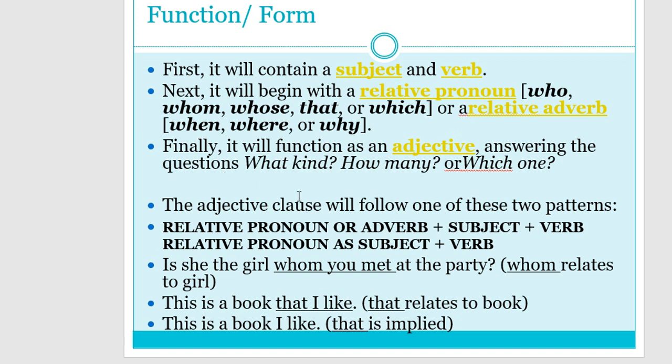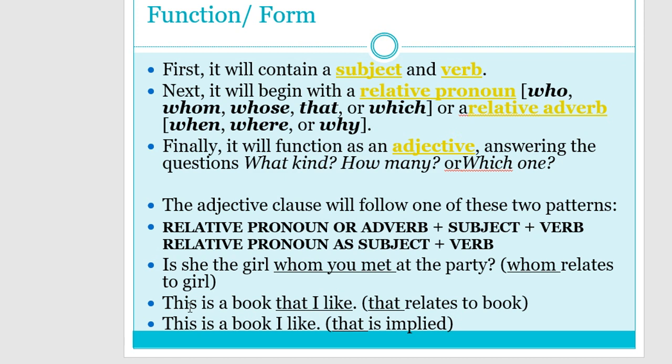An adjective clause will follow one of these patterns: either relative pronoun or adverb plus subject plus verb, or relative pronoun as subject plus verb. You can follow this format when you write or read a sentence.